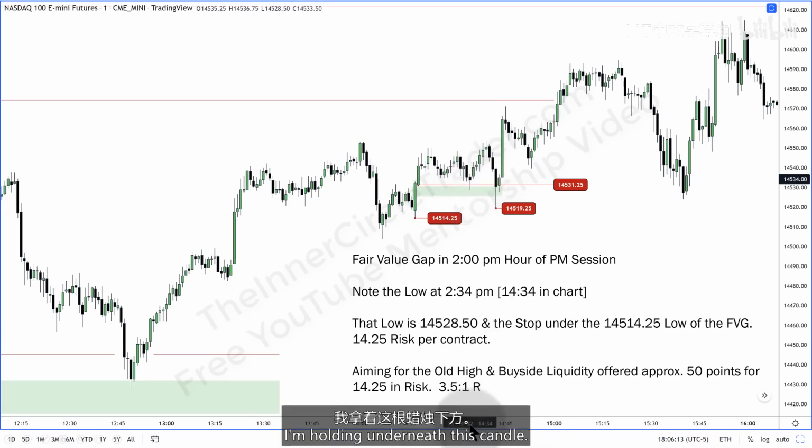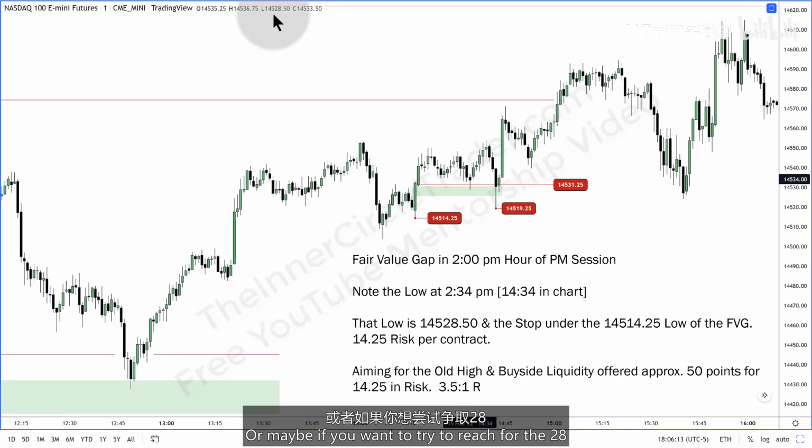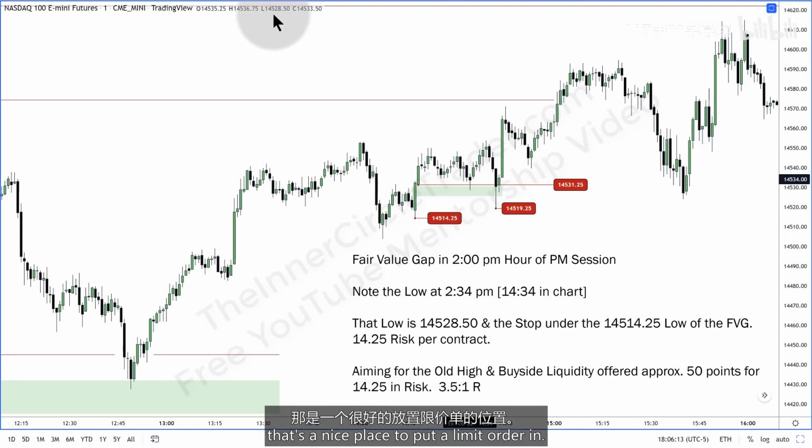When I took a screenshot, I'm holding underneath this candle, so that way the reference points up here are directly related to this candle. So you can see the low is 14,528.5. So you could be a buyer on a limit at 14,528.25, or maybe if you want to try to reach for the 28 even number. Either way, that's a nice place to put a limit order in.